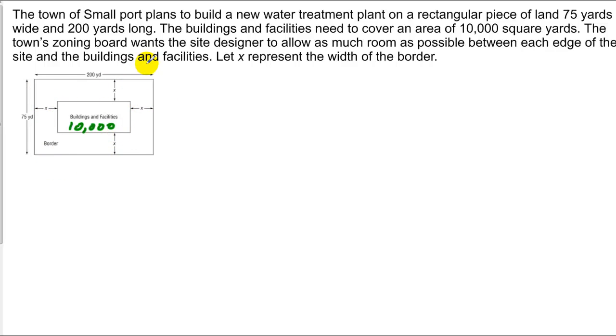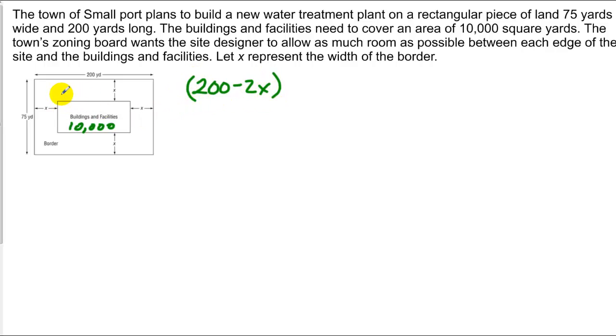So what I know is that if I want the dimensions of this rectangular piece of building, I'd have to take from 200 x in this direction and x in this direction. So that's 200 minus 2x.